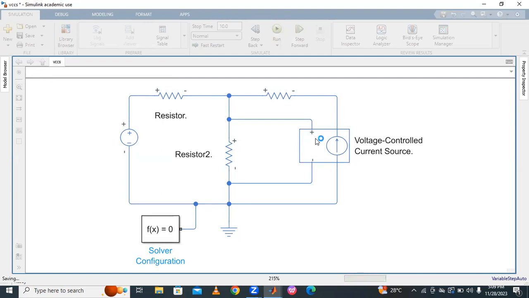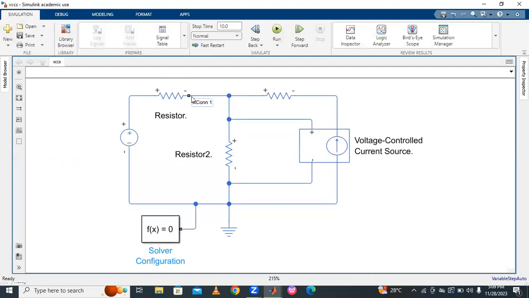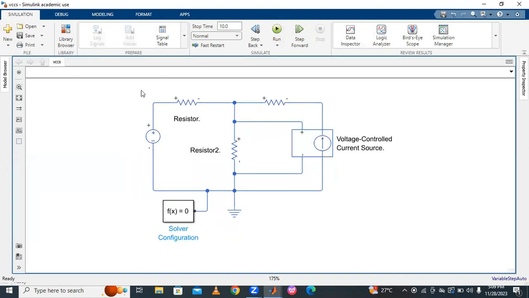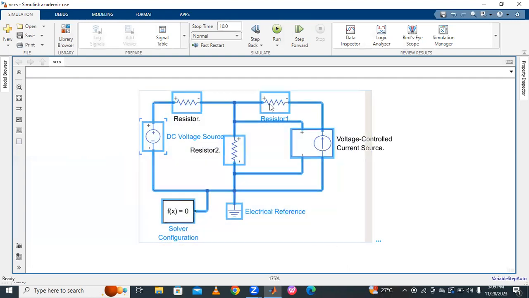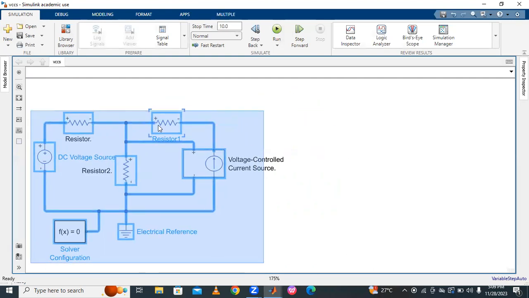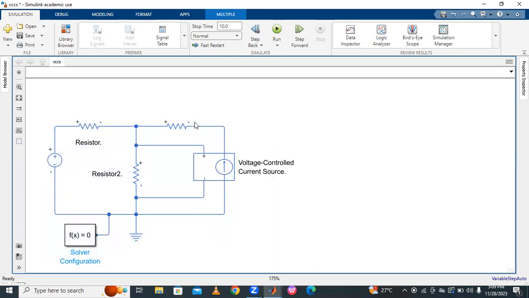How to find the voltage and current in particular branches? Connect one voltage sensor here. For example, if you want to find the voltage across this resistor, connect one. For example, here I'm finding the current flowing into this resistor. How to find it?